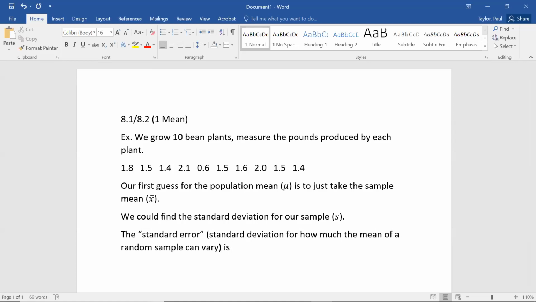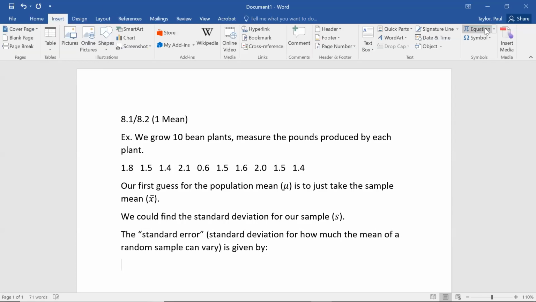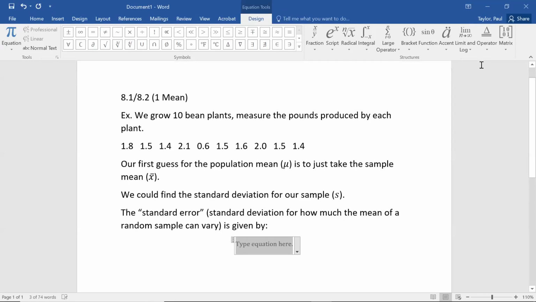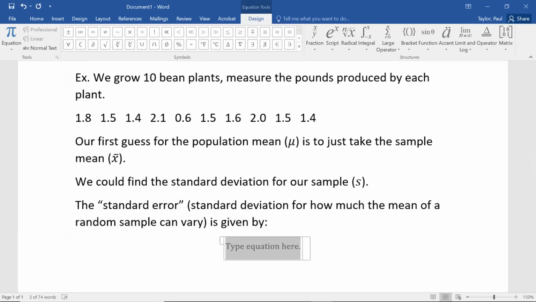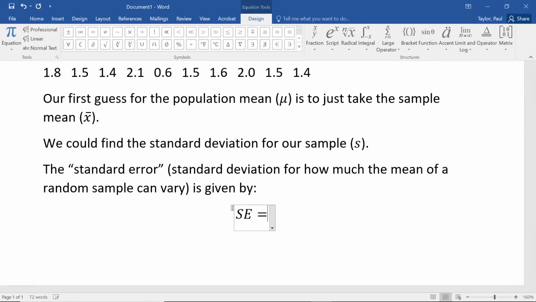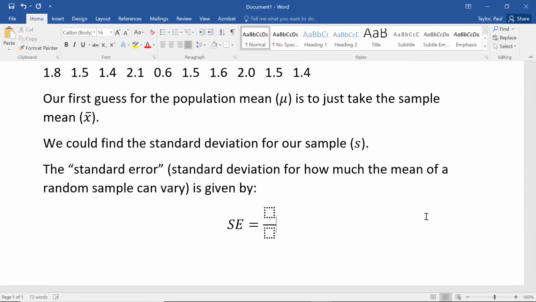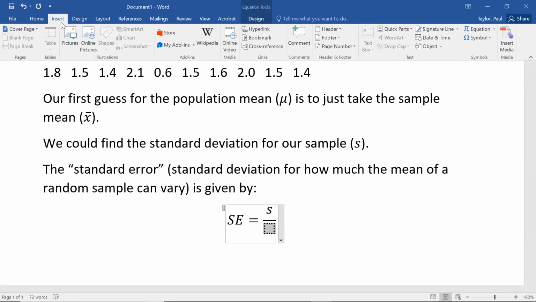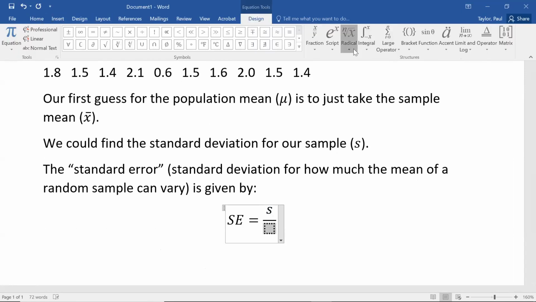So that is given by a formula. Here, let me zoom in a bit. There's no reason this has to be so small. So that is given by the formula: we're going to use SE for standard error. In the numerator, there's our sample standard deviation S. And in the denominator, there's the square root of the sample size.